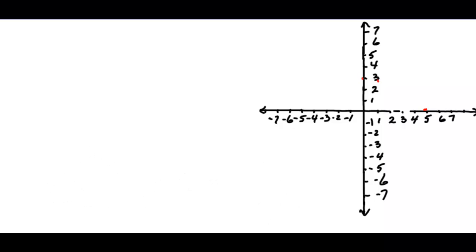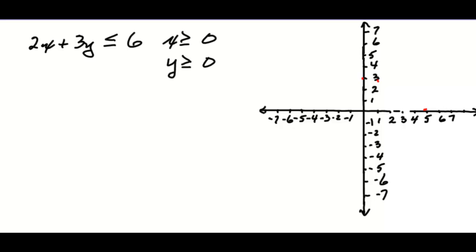Now, in 44, it says 2x plus 3y is less than or equal to 6. We also have the other two, which are x is greater than or equal to 0, and y is greater than or equal to 0.